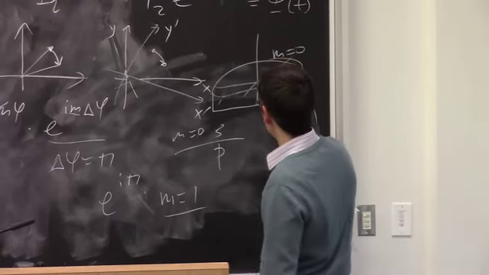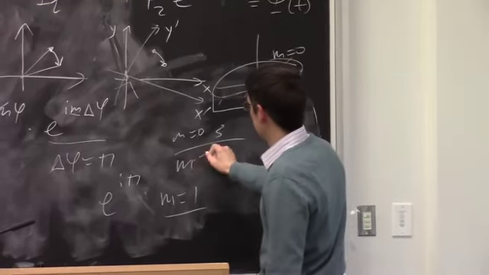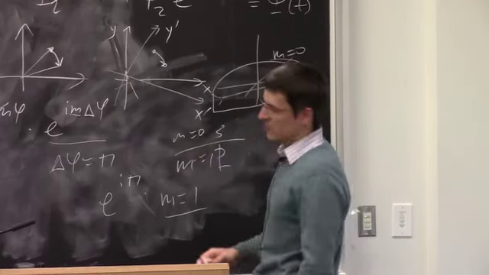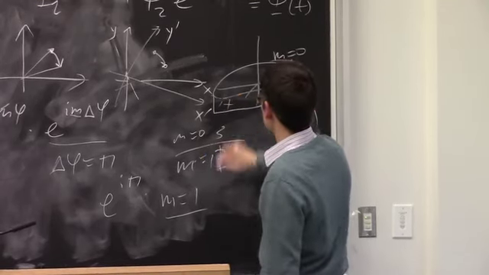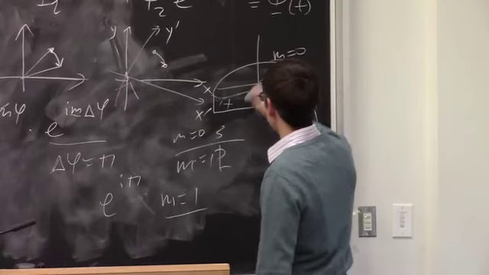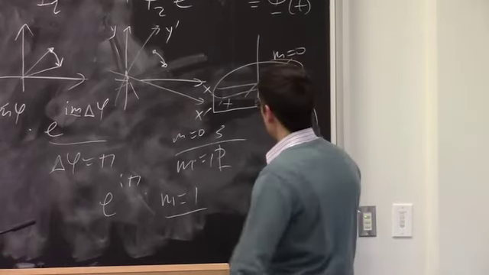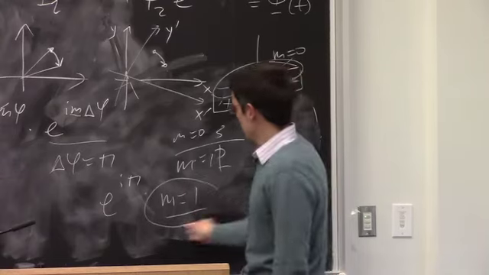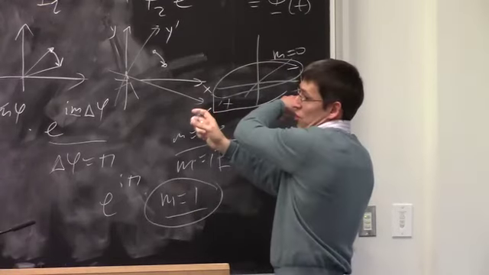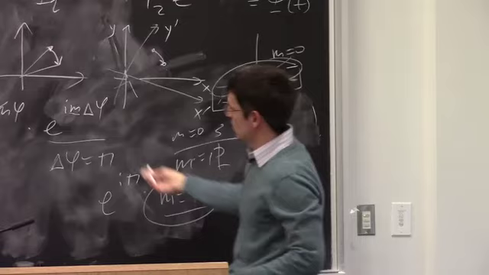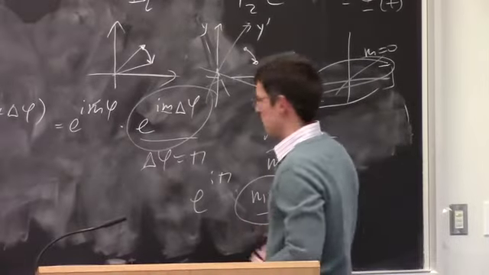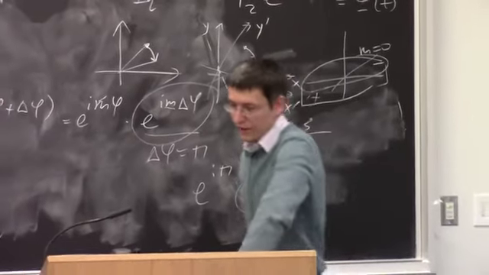Now, if we have m equals 1, then it's more like a p-type function, because in this area it's positive, in this area it's negative, so it has a node. If you rotate by pi, simply plus and minus will change. And what you get is this prefactor that will be minus 1.